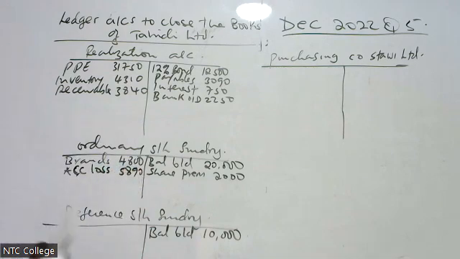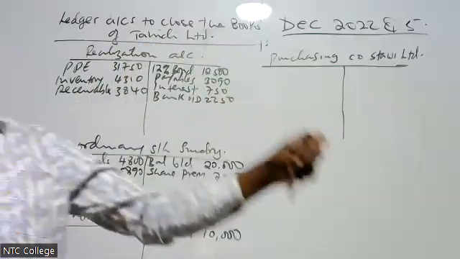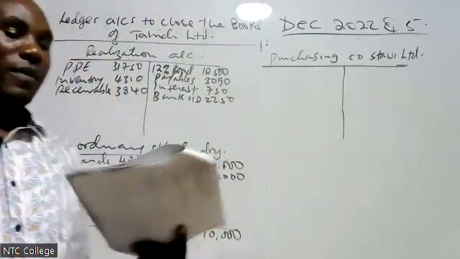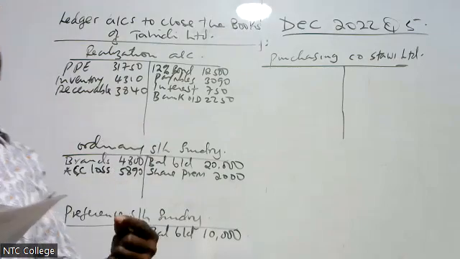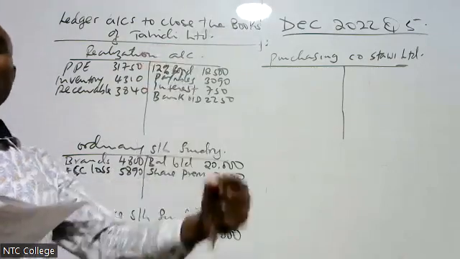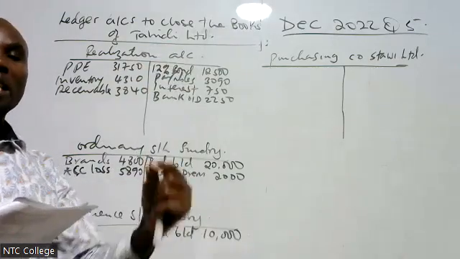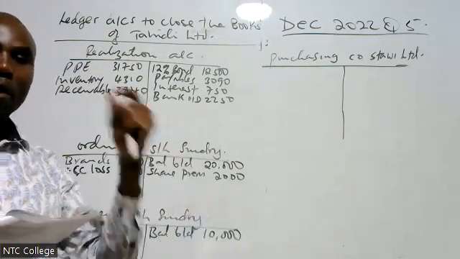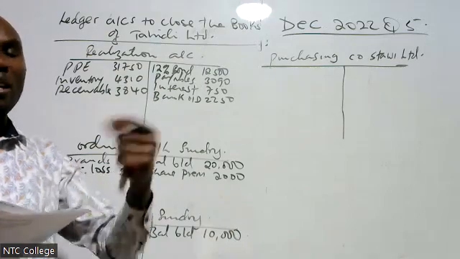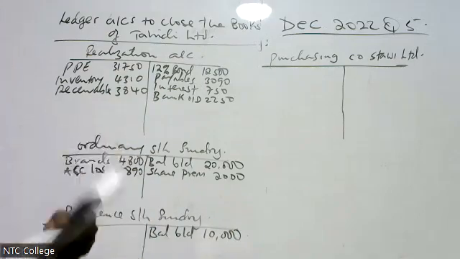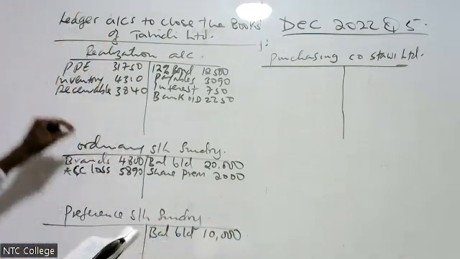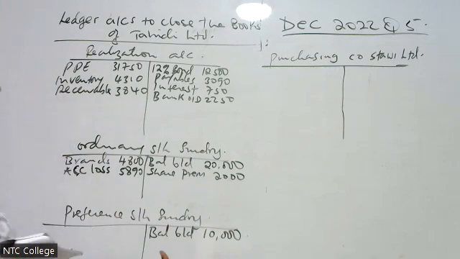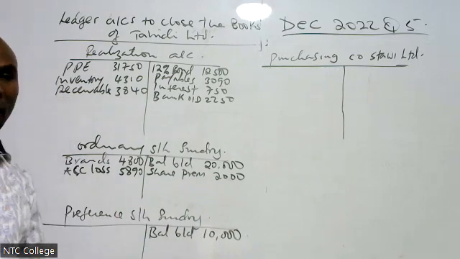I debit this account, I credit P&L. Then after I have accounted for the accumulated loss, I go to note number 6. Note number 6 said, with the preference dividend in arrears. Preference dividend in arrears. What do I do with it? With preference dividend in arrears, I debit realization, I credit preference shareholder.